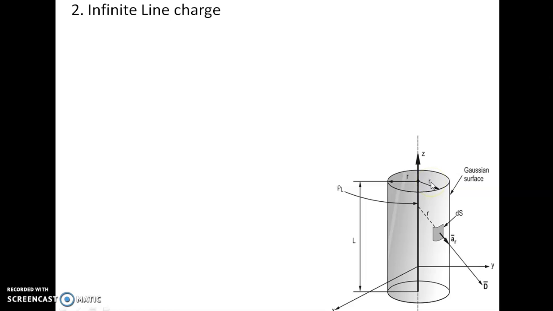Now, what is the first step to apply Gauss law for any surface, the line charge or point charge? First step, we have to identify D and the direction of D. I am considering that D acts along the R axis, so D is in the direction of R. The unit vector corresponding to D is a R cap.